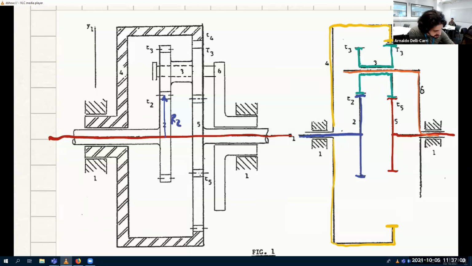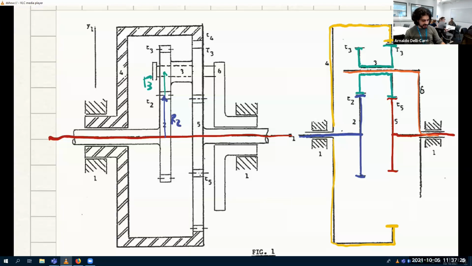If I add the radius of small gear 3, this was in green, let's call this small r3 because it's the small gear of body 3. Now I am on this shaft, all right?